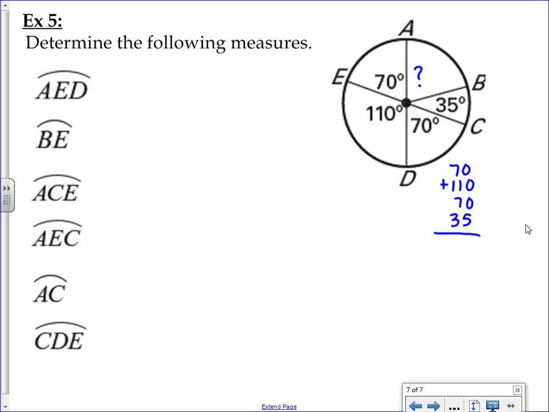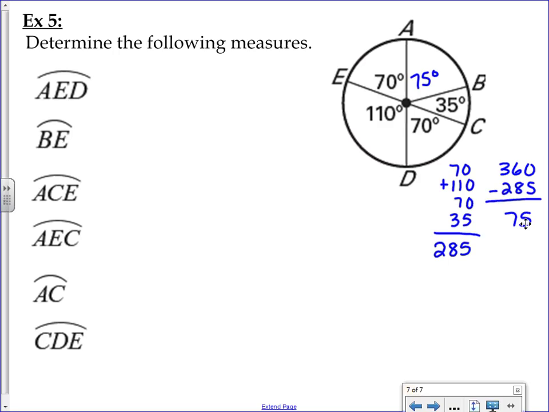So 70 plus 110 plus another 70 plus 35 gives you 285. Then we can subtract it from 360. And we'll get 75 degrees. So that missing piece is 75 degrees. And now we can just go through the list, add up certain angles and figure out arc measures.